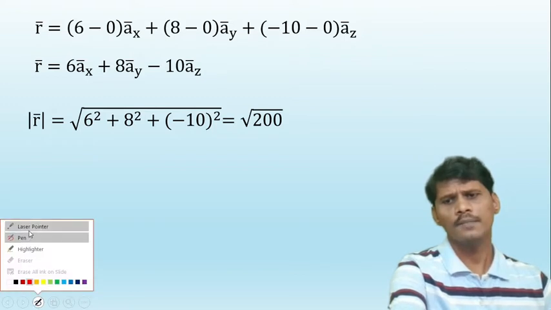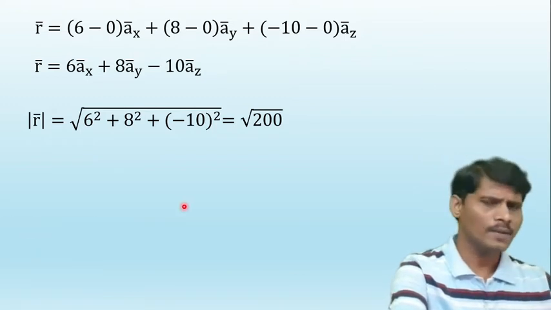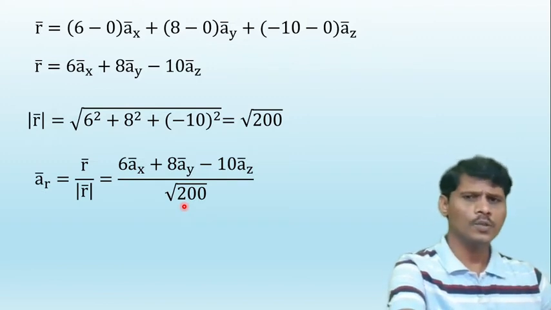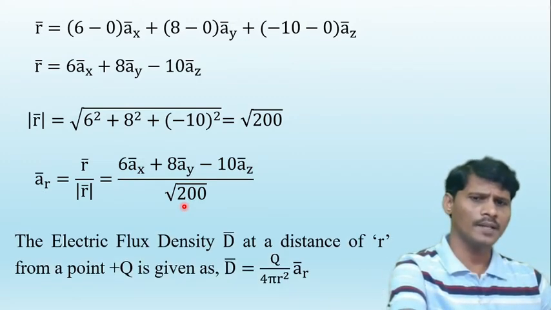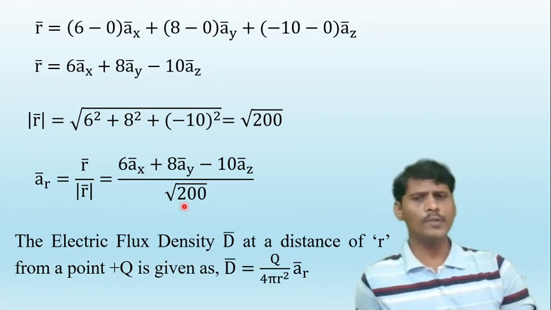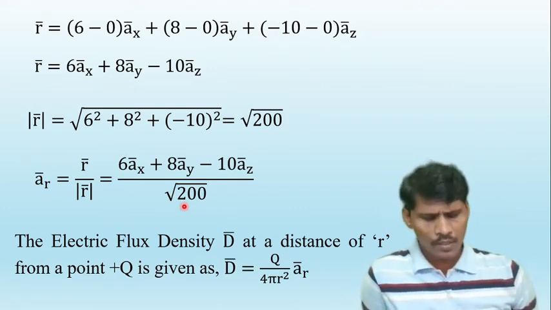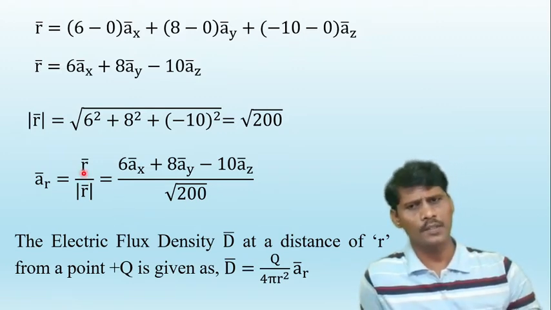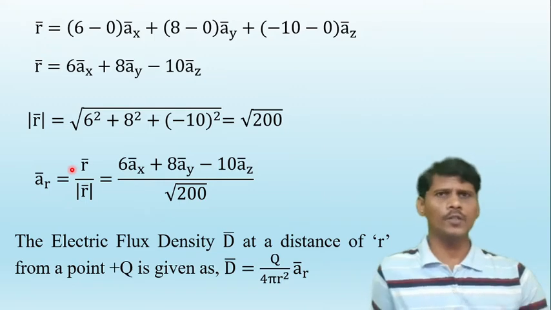We know that the electric flux density at a point due to the charge Q located at the origin is given by D bar equals Q by 4 pi r squared into a_r bar, where a_r bar is the unit vector directed from the origin to the point P, that is r bar divided by the magnitude of r bar.